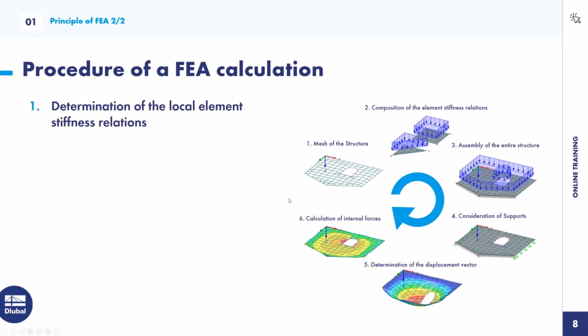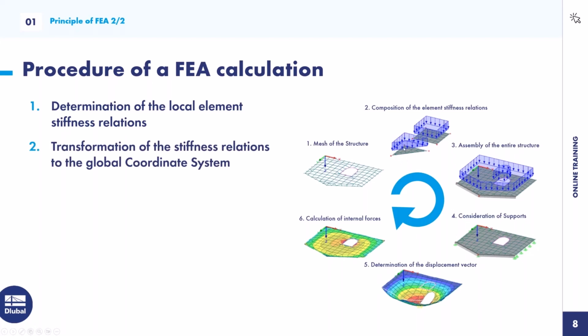That means we would split up the model, in this case a slab with an opening, into its small elements. And then in the second step, we construct the relations of each element. So the stiffness of each element, we would describe with these approximation functions inside the program and have our stiffness matrix for every single element.